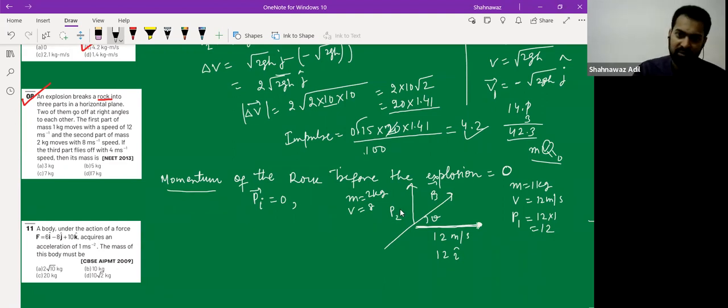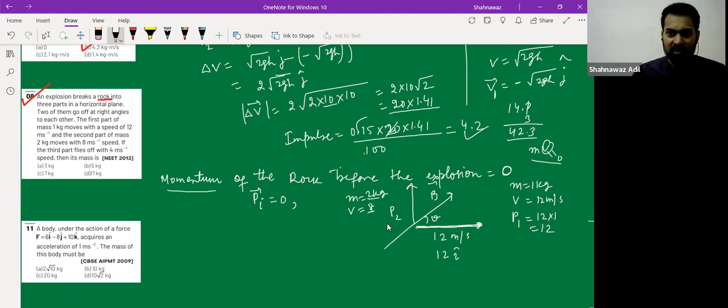What will be the momentum P2? Mass is 2 and velocity is 8, right?